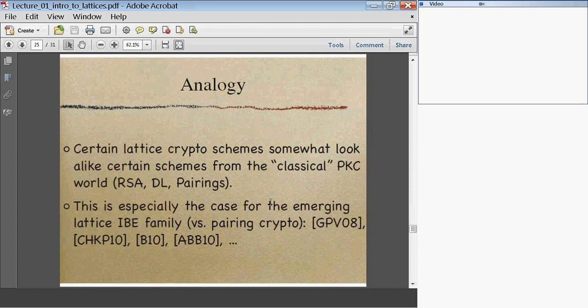And there are certain things that are very similar in the formulation of the problems. For example, if one looks at the problem of finding the secret polynomial or secret lattice in the LWE problem that we discussed in the previous lecture, we'll see a lot of similarities with the discrete logarithm problems.